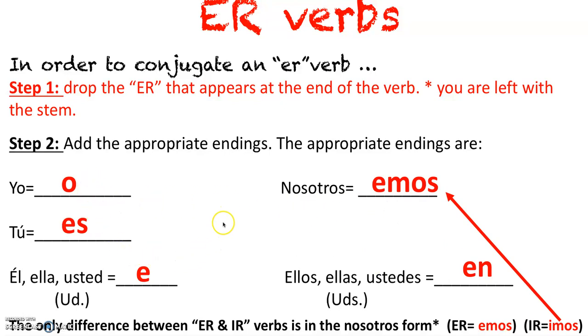So with the exception of nosotros, all the other endings in red are for ER verbs and IR verbs. Again, with the exception of nosotros, the IR ending is emos. Other than that, it's exactly the same.